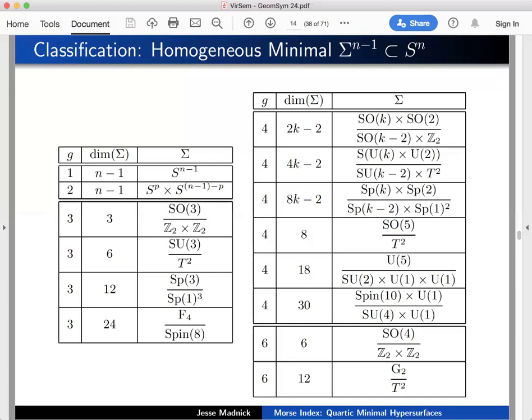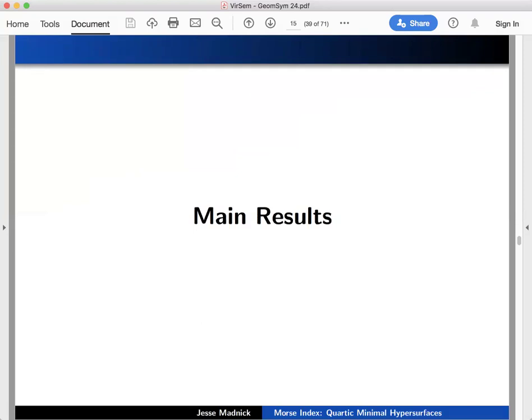So I would argue that these are the simplest minimal hypersurfaces in spheres. And given that these are the simplest, we should at least attempt to compute their Morse index and nullity. We did that for G equals 1 and 2, and now we should see whether we can do this for more of these.